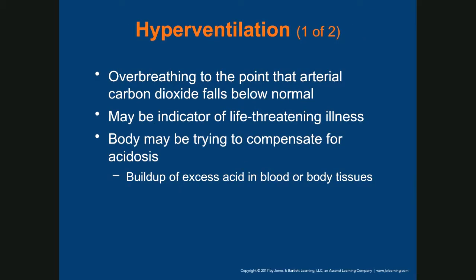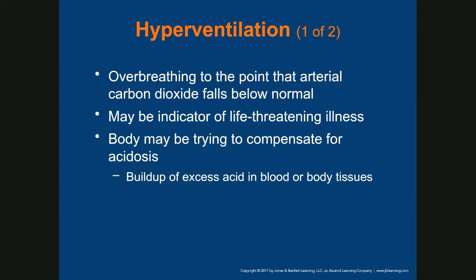Now, hyperventilation or panic attack. This is overbreathing to the point that arterial carbon dioxide falls below what we would consider normal levels. May be an indicator of a life-threatening illness, right? So it doesn't necessarily have to be a panic attack. It could be that the patient is compensating for a metabolic state of acidosis, right?